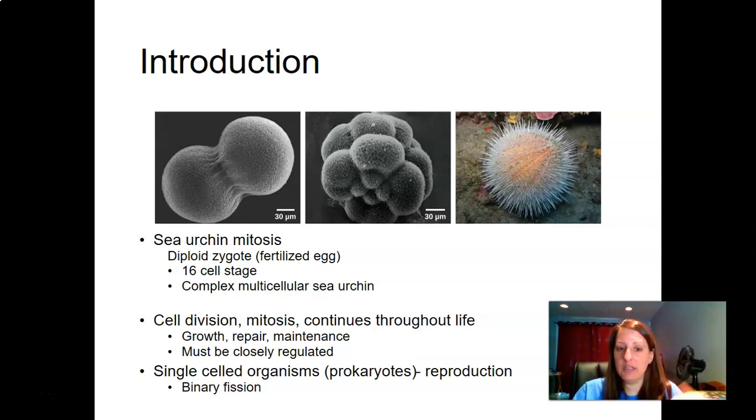Eventually, you end up with a complex, multicellular sea urchin that has specialized cells and tissues, and maybe even some organ systems. Pretty advanced and complex. Again, how does an organism go from a single-celled zygote to a multicellular organism? Mitosis. That's what we're talking about here. It's all about cell division.